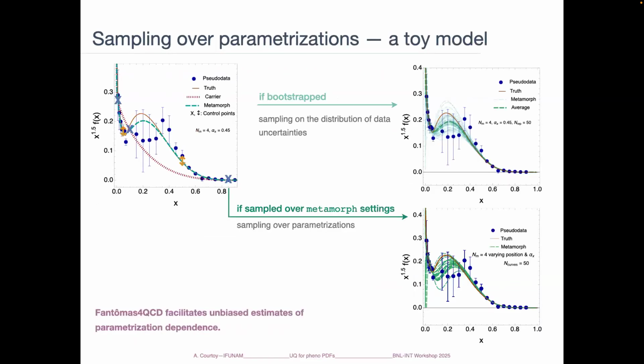Okay. So just a toy model to give you the idea, okay? Focus on the cyan curve. We have pseudo data, okay? We have a truth. The truth is this red one, and we have pseudo data that were generated, okay? And we actually take the pseudo data with the uncertainty, okay?